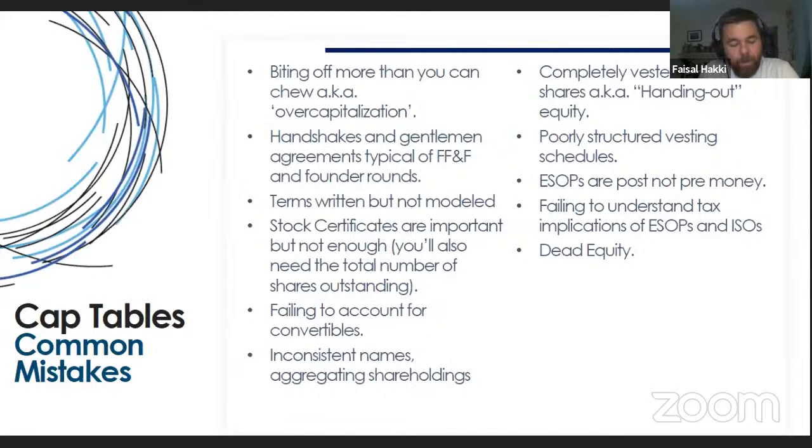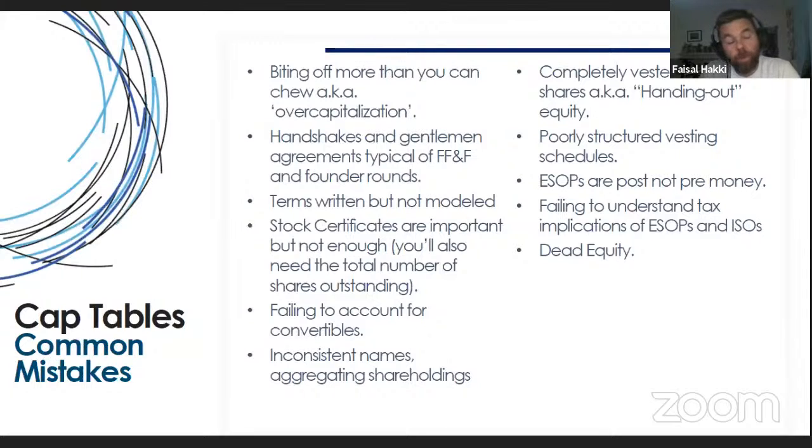Usually, when you talk to investors, they would want to know, apart from the stock certificates themselves, the total number of shares outstanding, and that also includes the convertibles. So usually investors look at cap tables on a fully diluted basis.